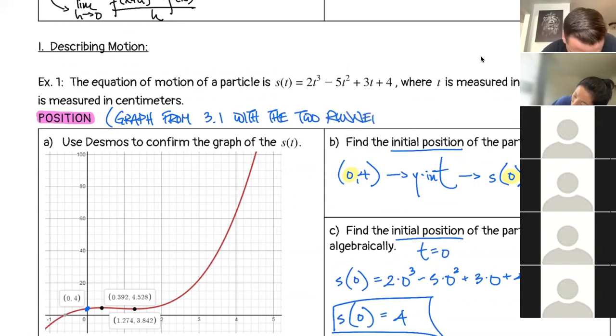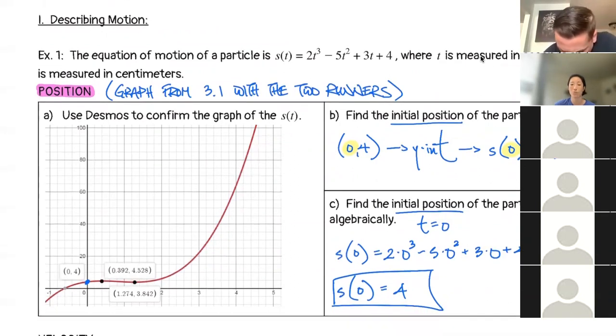Okay, so I don't know if you remember that graph, but there were two runners. Runner A sort of went at this very constant speed, and runner B started off slow, but then picked it up at the end, and they managed to finish in a tie. All right, that was a position graph. All right, so it told us where they were at any moment in time.